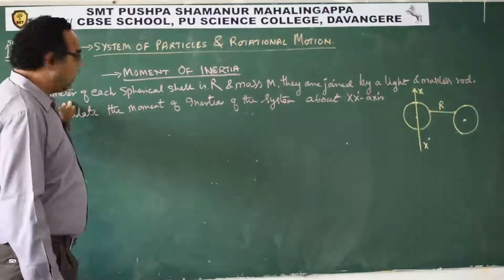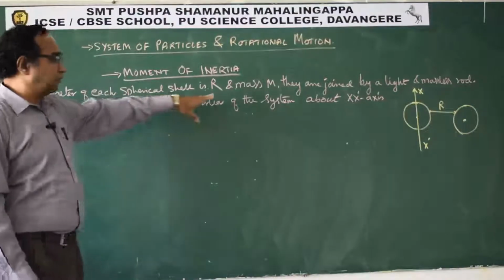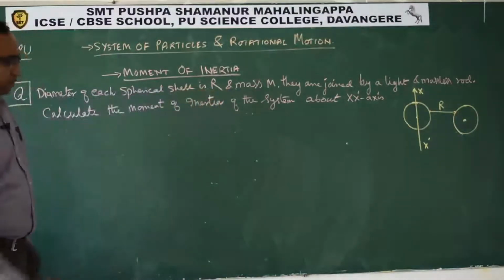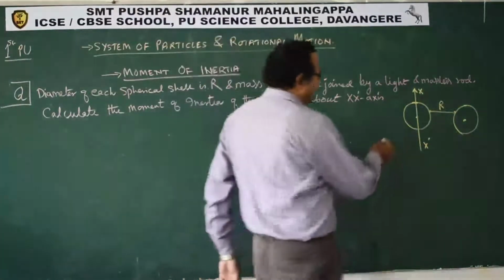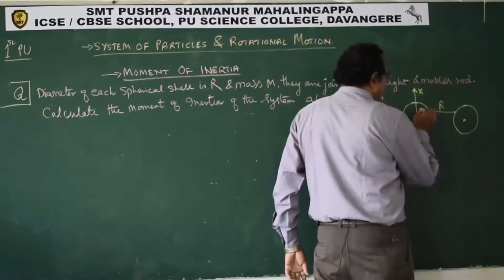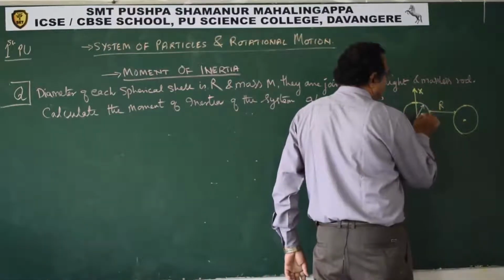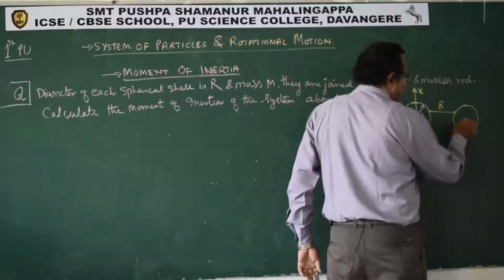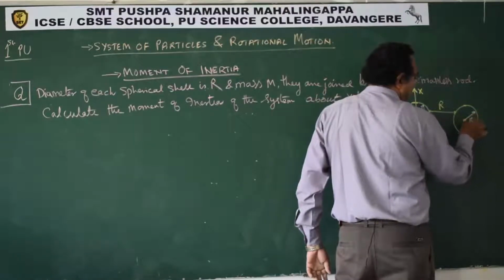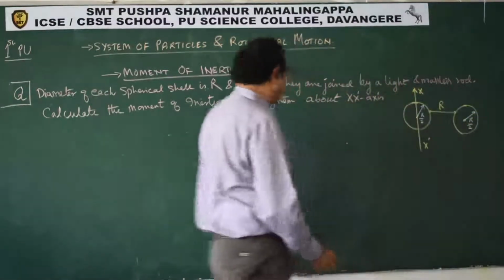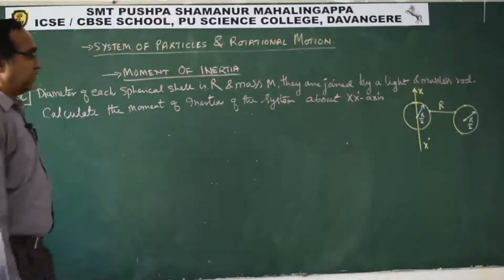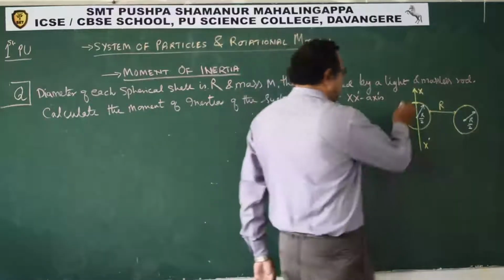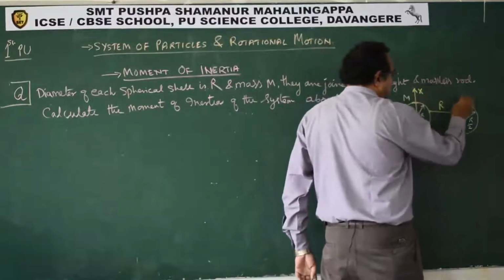The question is like this: the diameter of each spherical shell is r. This means this is r by 2, this is r by 2. And the mass is m.